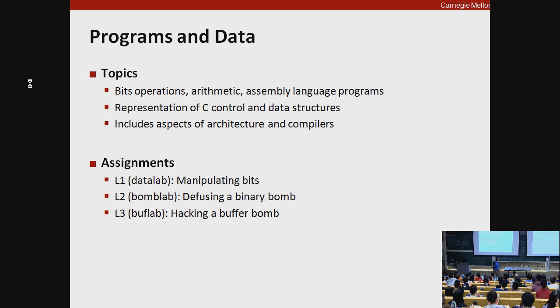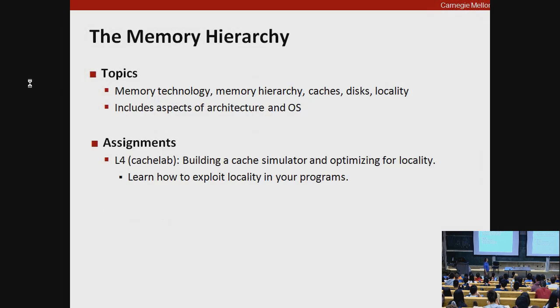Topics: integers, floating point arithmetic, assembly language programs, how C is represented in assembly, data structures are represented in assembly, certain aspects of architecture and compilers. The first 3 labs play with those topics. Next set of topics we cover, the memory hierarchy, caches, disks, spatial and temporal locality, and certain other aspects of how the operating systems manage these.